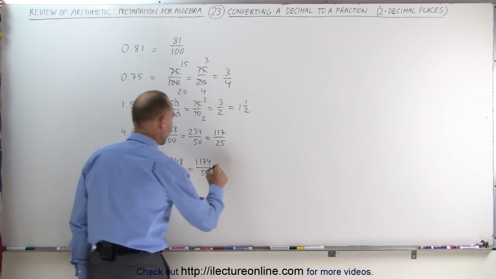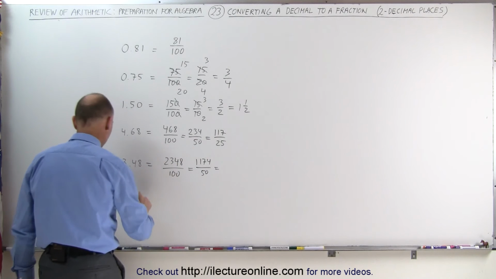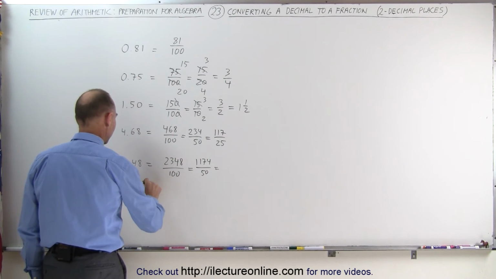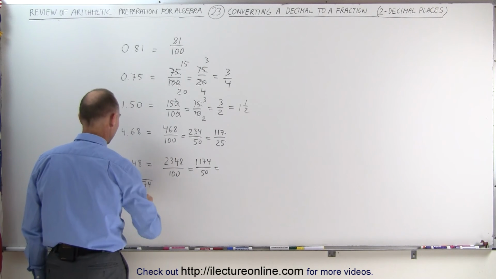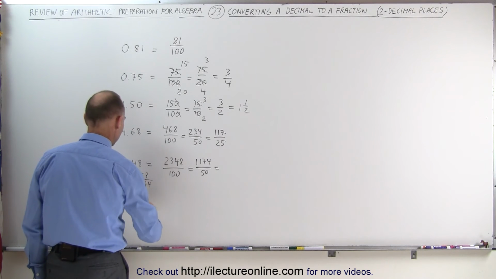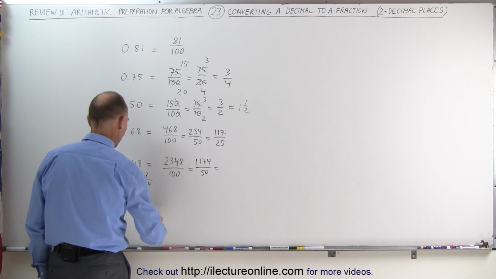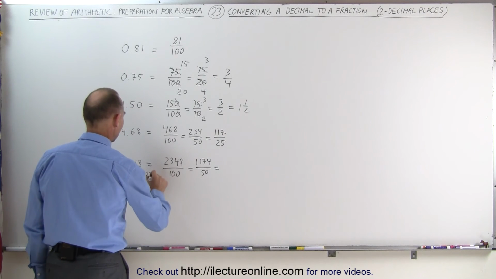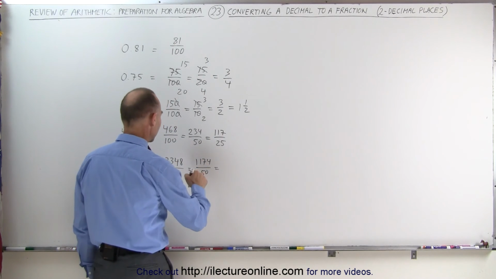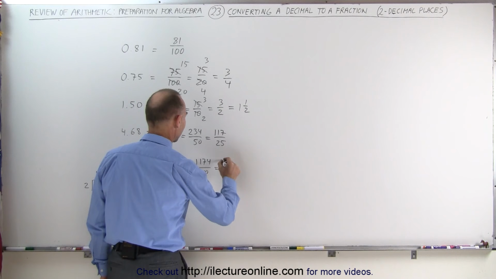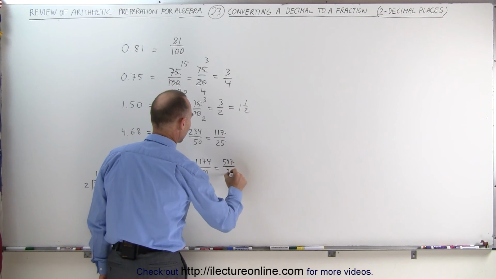Again, they're both divisible by 2. Now we go 1,174 divided by 2. 2 goes into 11 5 times. 5 times 2 is 10. 2 goes into 17 8 times. 8 times 2 is 16. I get 1. 2 goes into 14 7 times, which means if I divide the numerator by 2, I get 587 divided by 25.